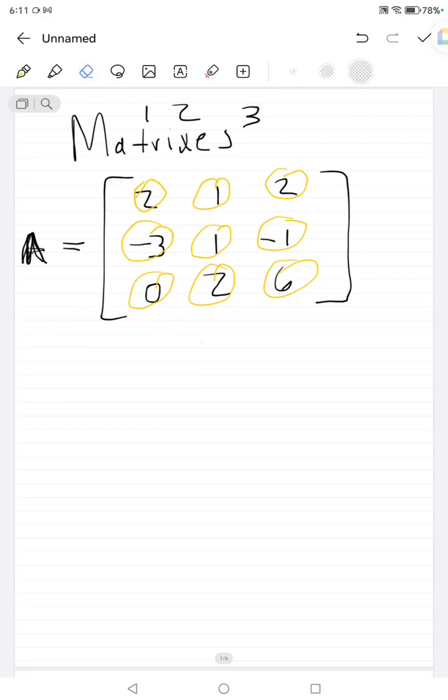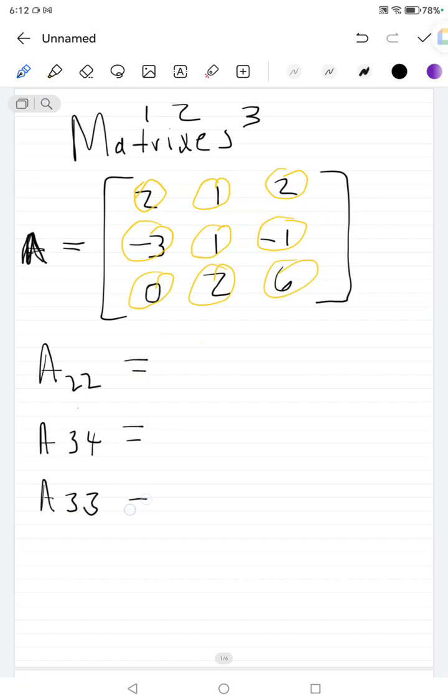So if they say you have to calculate something like A 22, then A 34, then A 33, this is how you go about calculating.